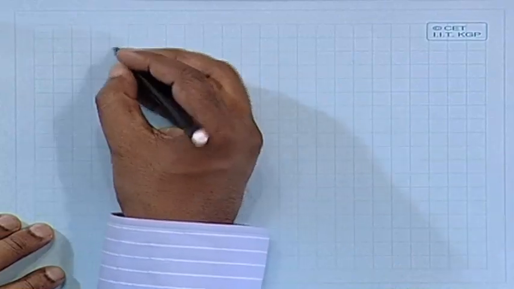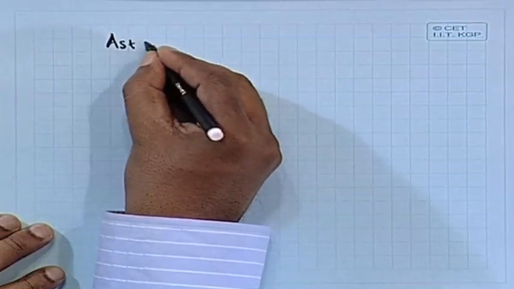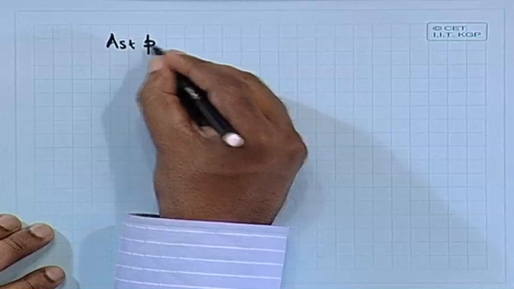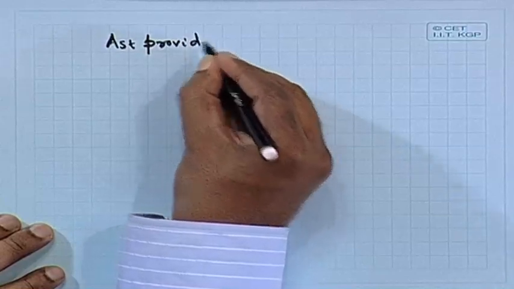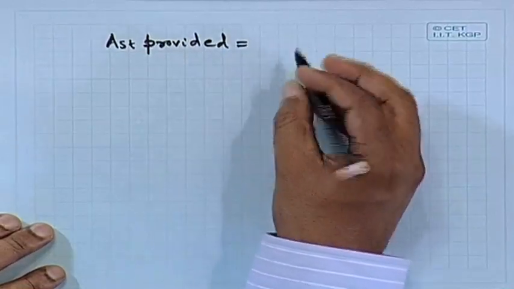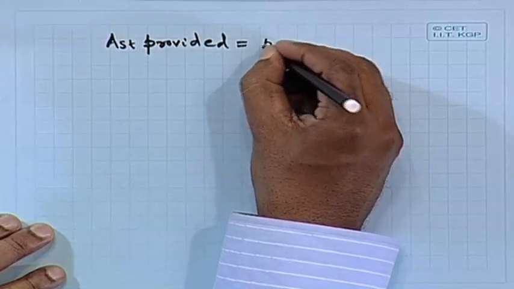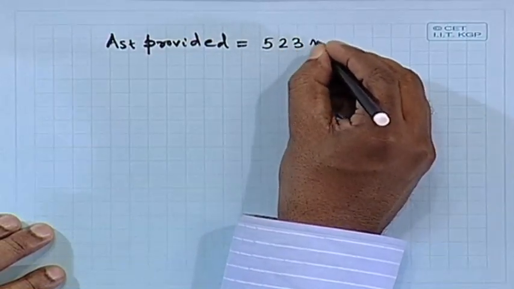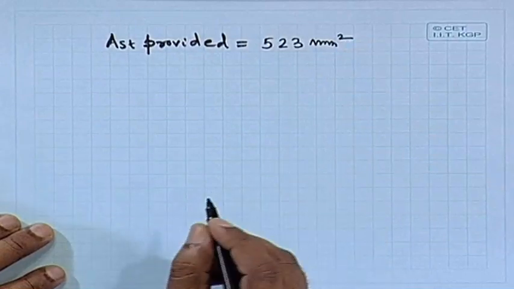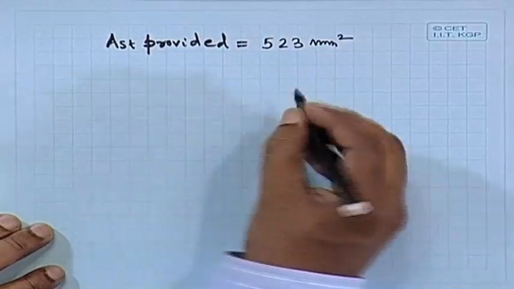Let us make it very clear: area of steel provided equal to 523 square millimeter. Okay.